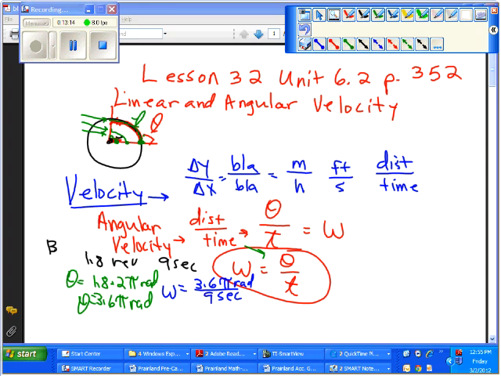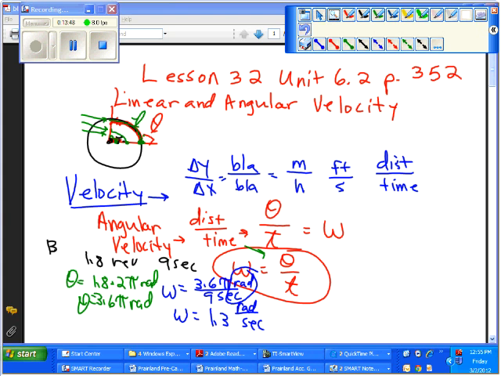And so we get 3.6 pi divided by 9, and you get, rounded, 1.3. Notice our unit: radians per second. 1.3 radians per second.